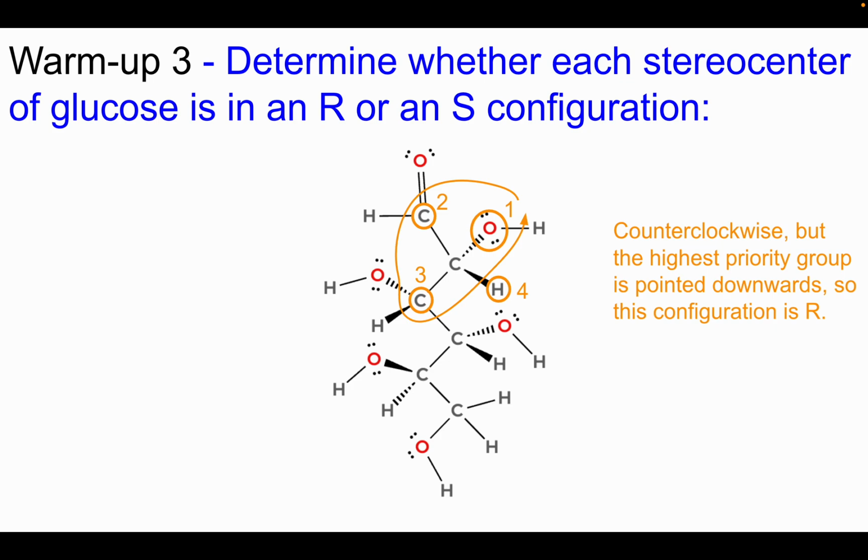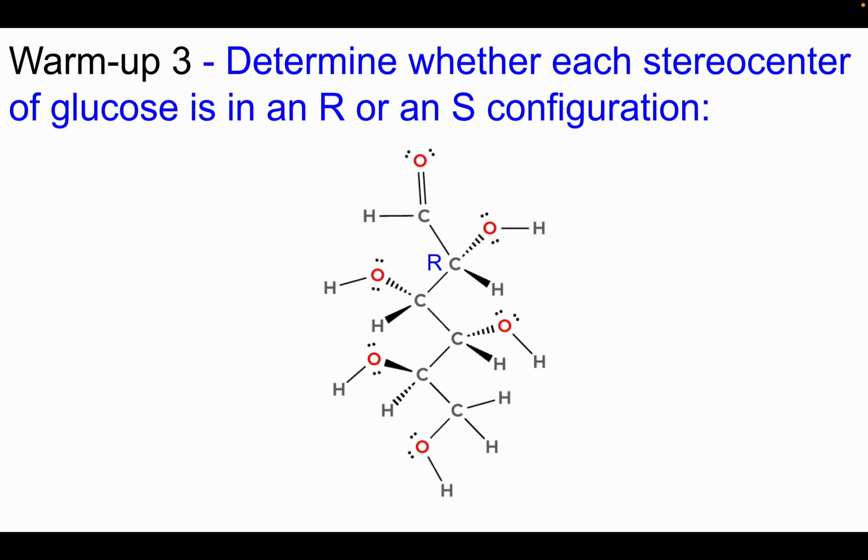And so normally for counterclockwise, we would give that configuration S. But since our highest priority group is pointed downwards and we're looking at it from the bottom, we're going to give that carbon configuration R.